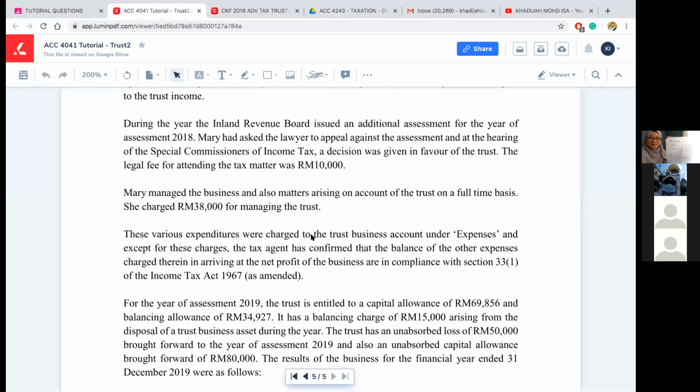You get that? But in this case, the 38,000 is for managing the trust. Even though she engaged manage the business and also arising from the trust on a full-time basis, dia tak ada breakdown tu. So RIB dia tak akan bagi you claim on that 38,000. Do you get that? So that's why that 38,000 is non-allowable expense.